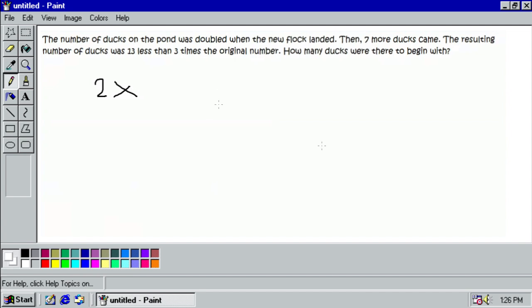That means the group of ducks came in with the same value as the original number of ducks, so it multiplied by 2. Then 7 ducks came, so that means plus 7 ducks is added.